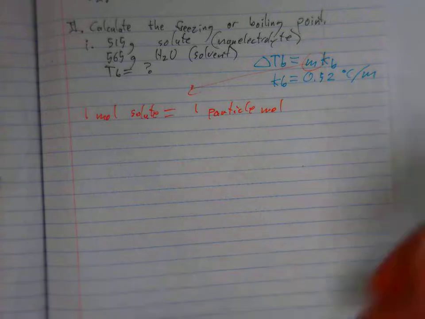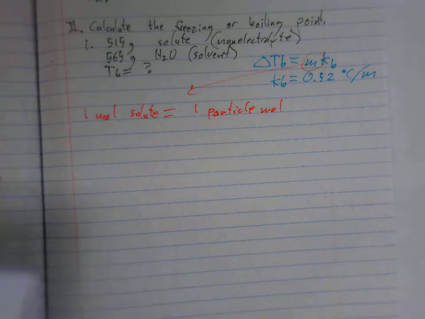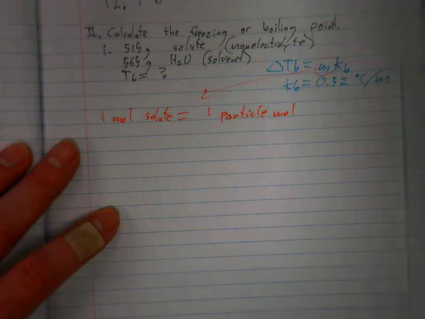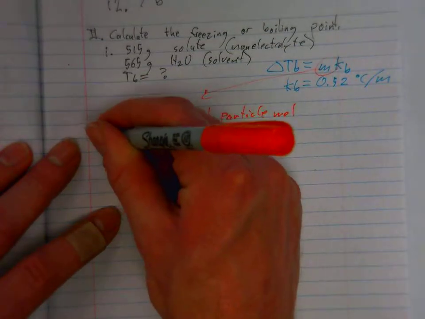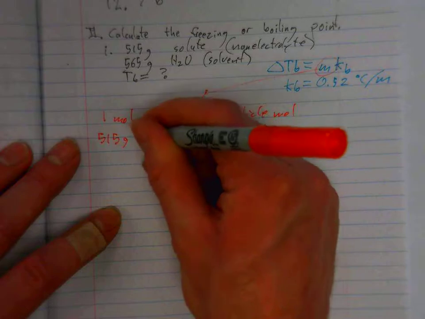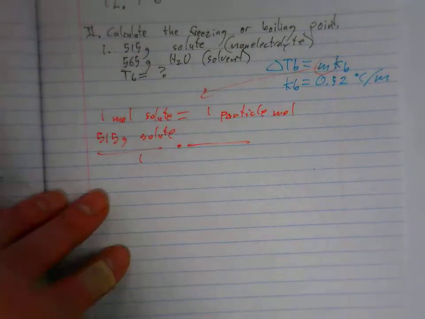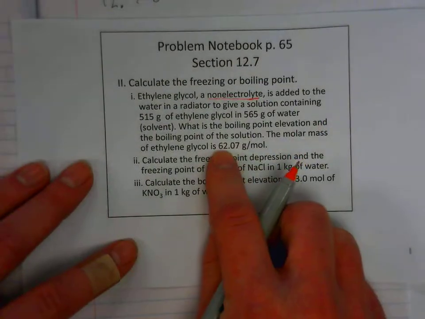So we have 515 grams of solute. The problem gave us the molar mass of ethylene glycol as 62.07 grams per mole of solute.